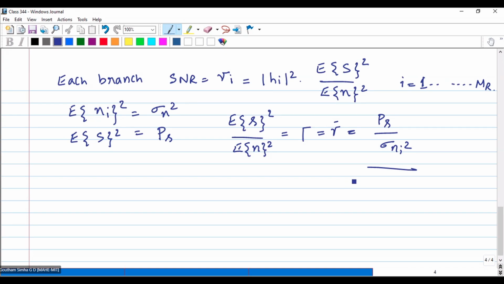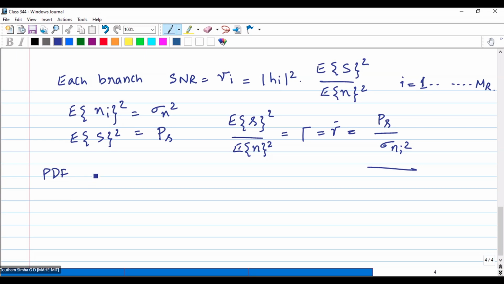Now for a Rayleigh distribution, the expectation of h_i square is equal to 1, and the expectation of h_i is equal to 0. Now if you take the probability density function, the PDF of Rayleigh, let us consider the channel as Rayleigh, where you have dominant NLOS compared to the LOS component. Now the channel is Rayleigh distributed, so this exponential term will come into the picture.